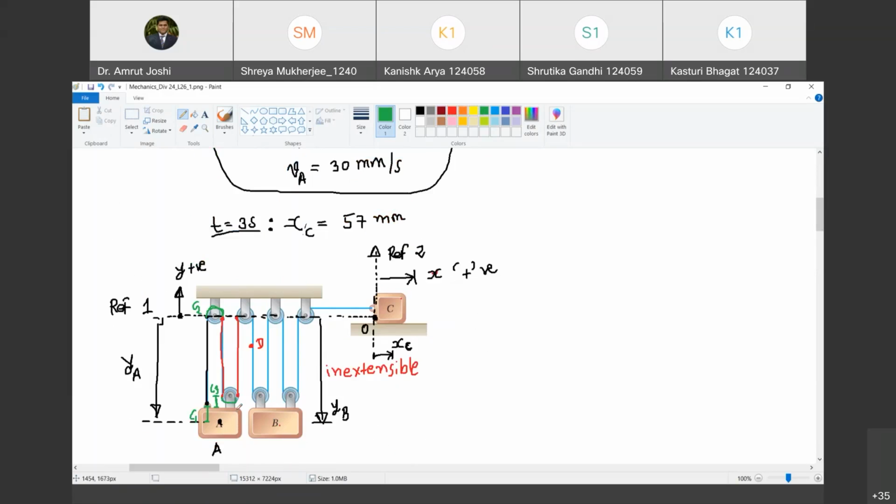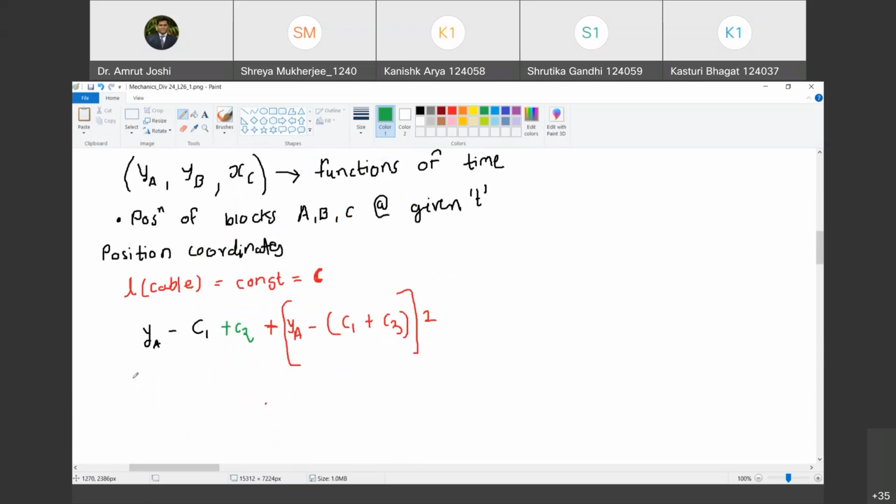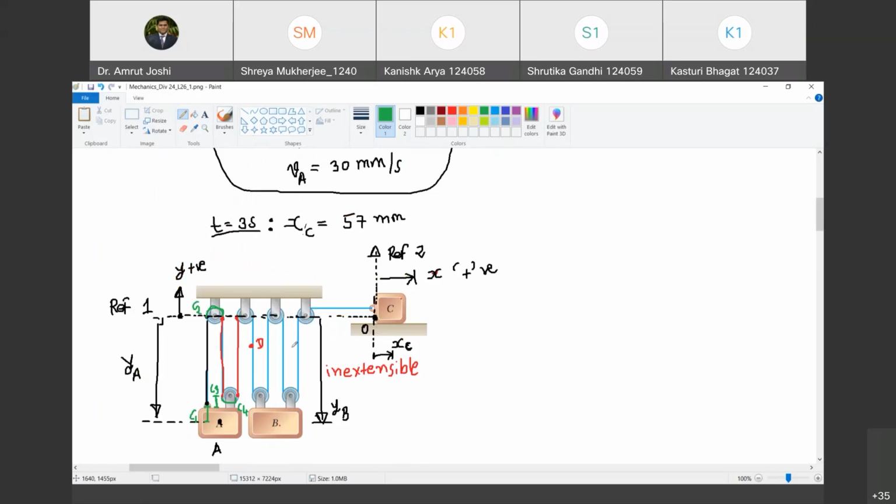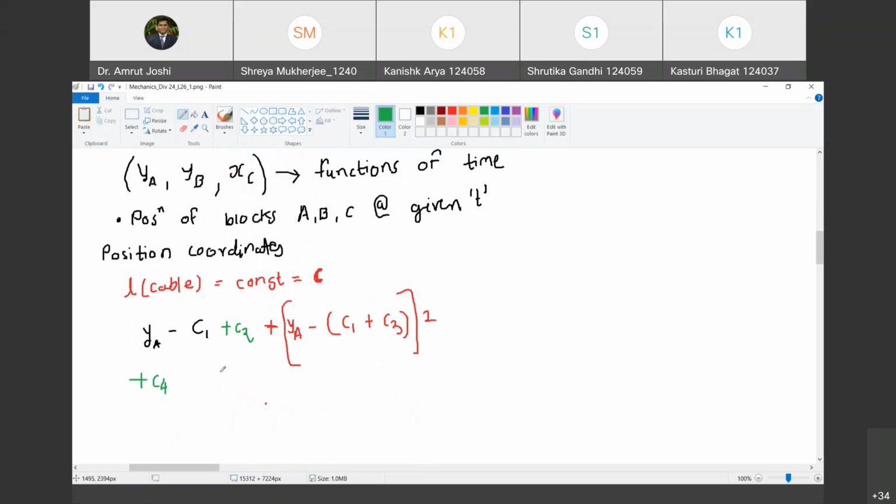It is constant. Yes, sir. Can I call it C4? Yes, sir. So plus C4. Happy? Yes, sir. Okay. What can you say about this length? Constant. Yes, sir. Can I call it C5? Yes, sir. So plus C5.